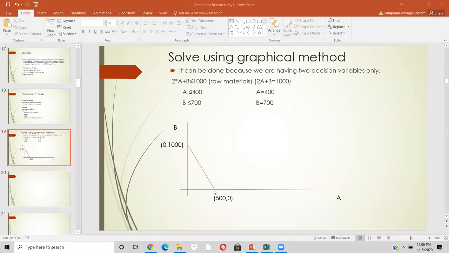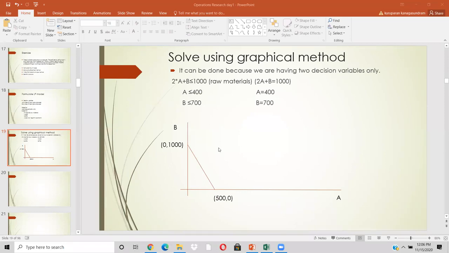Guys, the coordinate is 500, so next to this will be 501 comma 0, meaning the value of a will be 501 and b is 0. Similarly, here 499 comma 0. Substitute in this inequality. I am trying to figure out whether above this line or below this line should be the feasible region.